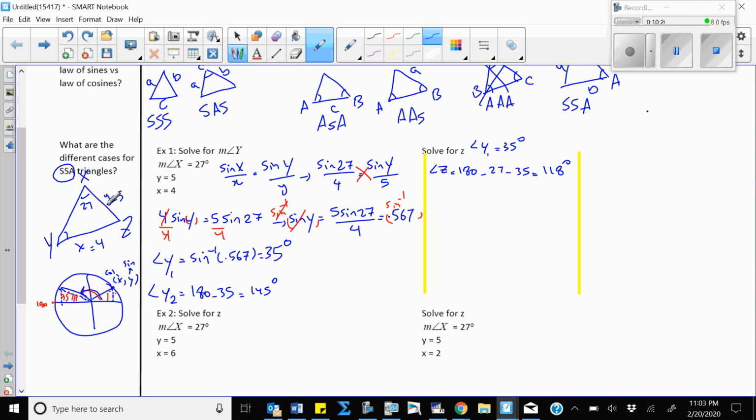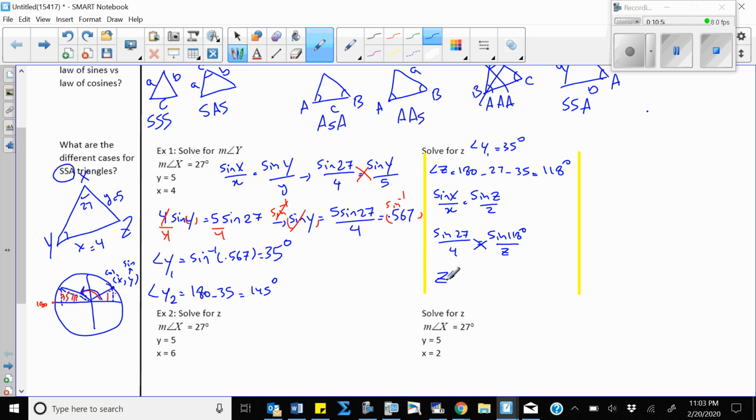Now I'm going to solve for side Z here. Sine of X over X equal to sine of Z over Z. You could also use sine of Y over Y, both of them work, but I just used sine of X because they were just given here at the beginning. Okay, so sine of 27 over 4 equal to sine of 118, that's the Z that we just found, over Z. Now to find side Z, I just do cross multiply here.